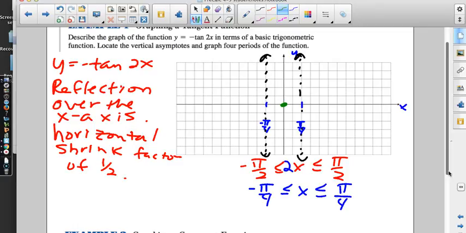But this time it said I have to reflect this over the x-axis. So normally with tangent it would always be increasing. My points would have been here and here, because again, you cut it in half and you get your 1, and you cut it in half and you get your negative 1. But we have to reflect that over the x-axis, which means it's actually going to look like this.